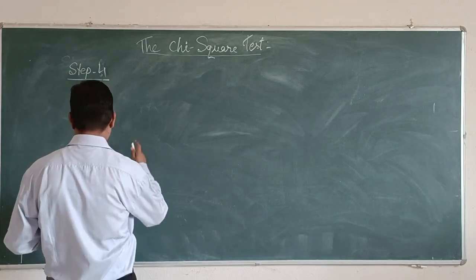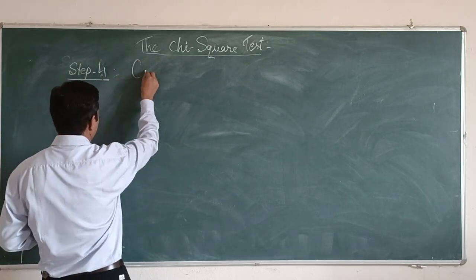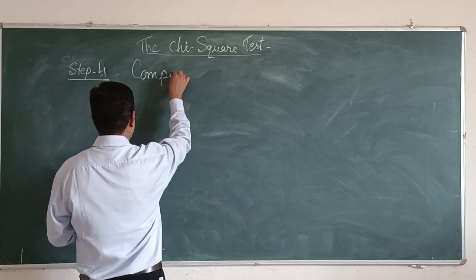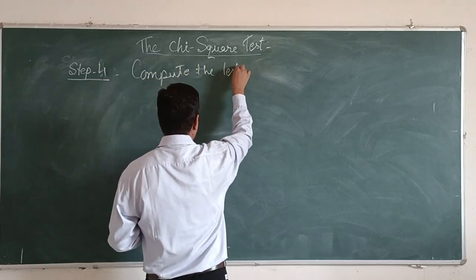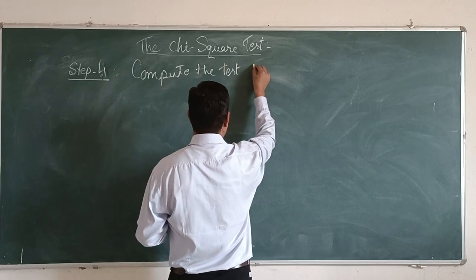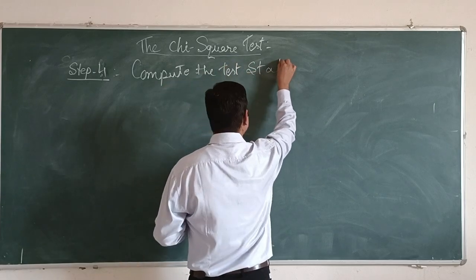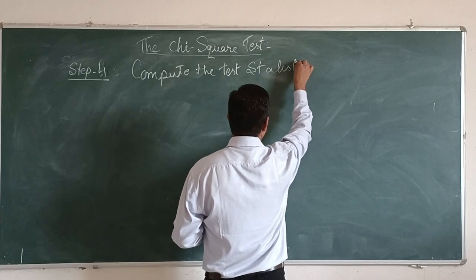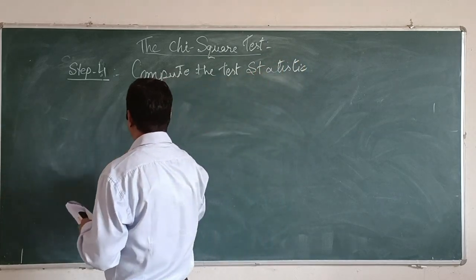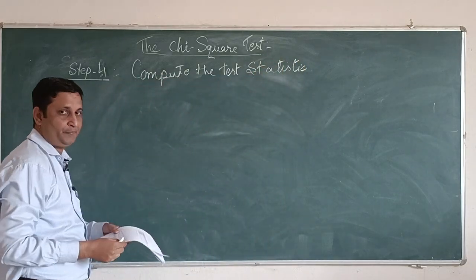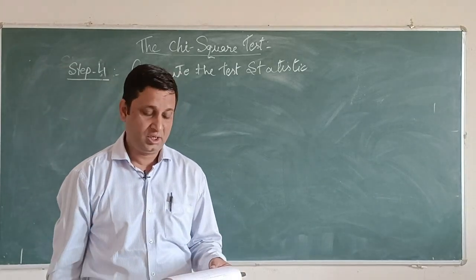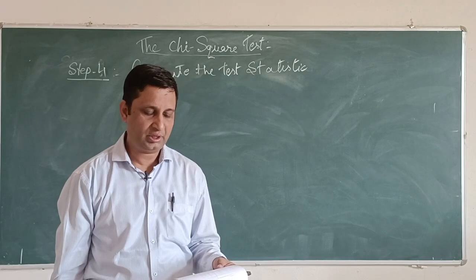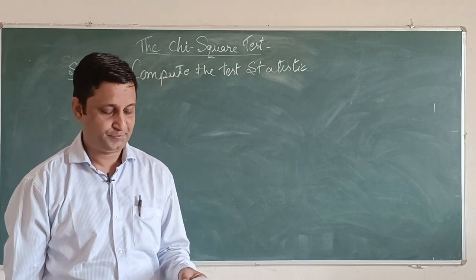Step number 4 is known as compute the test statistics. The G-square statistic compares the observed values to the expected values.